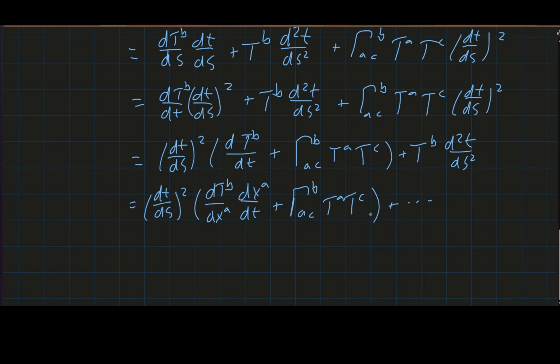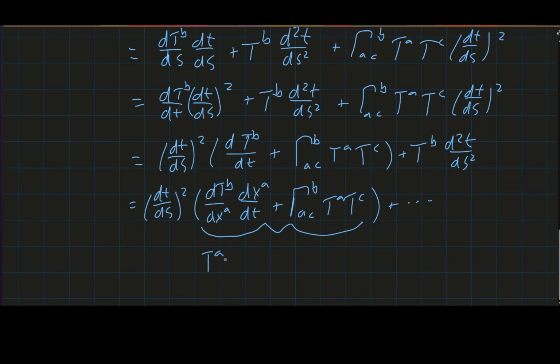I'm not even going to write it right now. Now what you'll notice here is that this bracket term is actually, let's see, dx^a by dt is going to be a T^A, so we can factor that out.